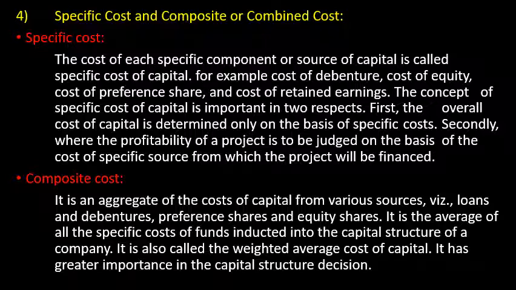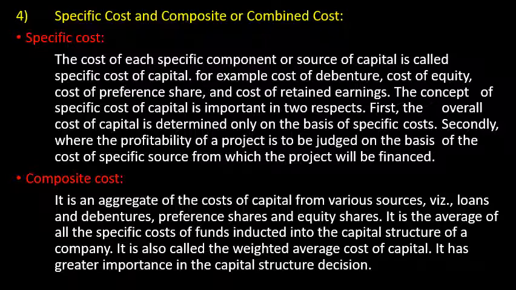The second place where it is important is where the profitability of the project is judged on the basis of the cost of each source of capital, whenever the project is financed and the fund has been allocated to a particular project.